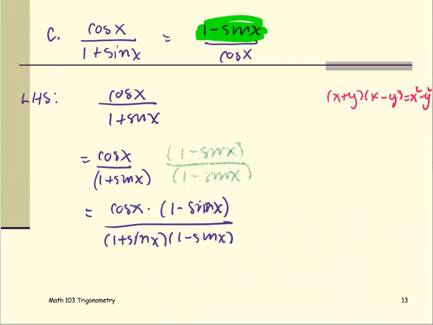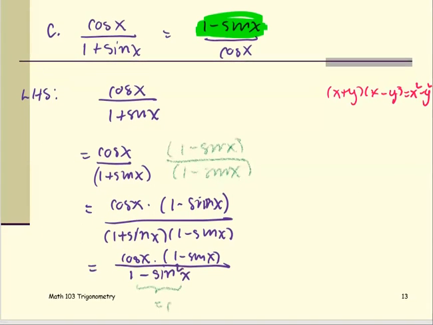Therefore, the product in the denominator becomes 1 minus sine squared x, while the numerator remains a product because we want to keep 1 minus sine x on the top. And again, 1 minus sine squared x is the same as cosine squared x.